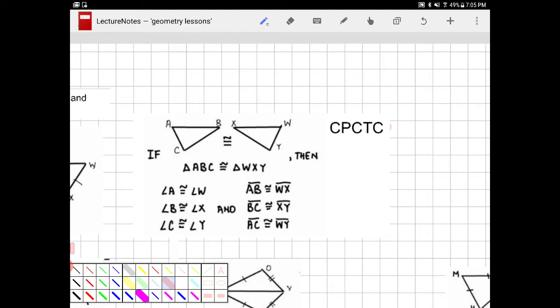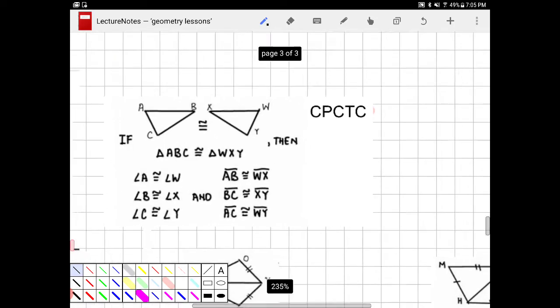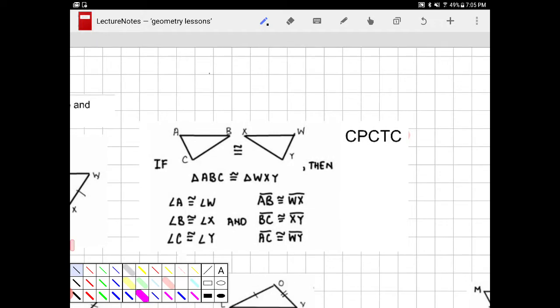I'm going to write that down so that you can see it. CPCTC stands for corresponding parts of congruent triangles are congruent.